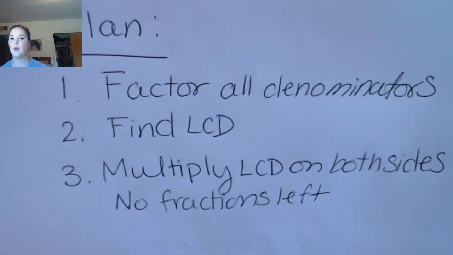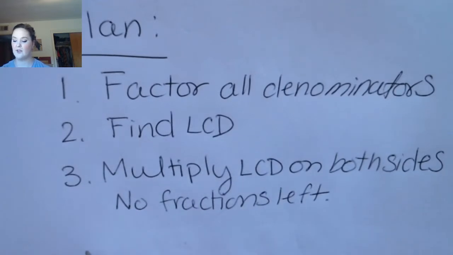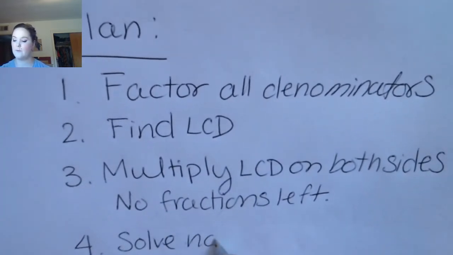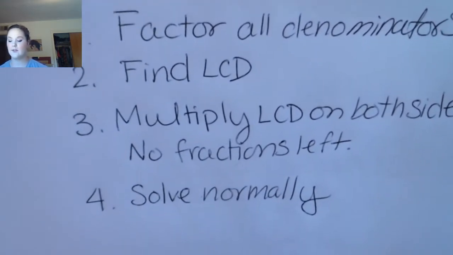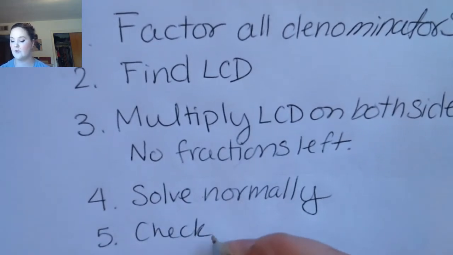So because you're multiplying by the LCD, everything from the denominator should cancel out, okay, and you should have no fractions left after this step. Okay, then you're going to solve normally. Okay, and then the last thing you're going to do is check for extraneous solutions.